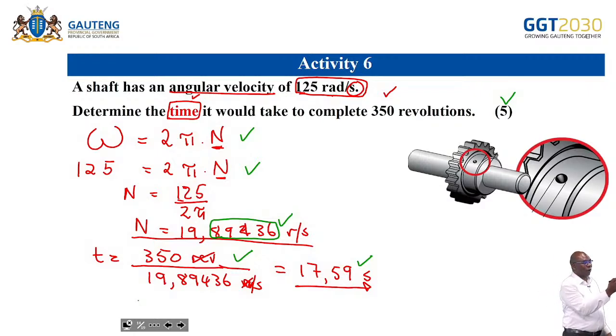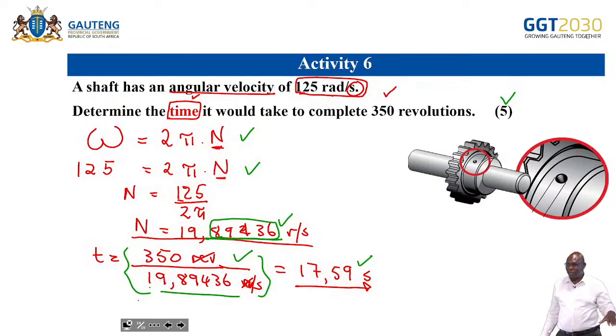So if I'm doing something and I get an answer, and I'm still going to use that answer, please do not round off, because then your other answer will be rounded off twice. So you need to round off at the end. We always round off at the end when we get to our final answer. Okay, that is quite a nice question.